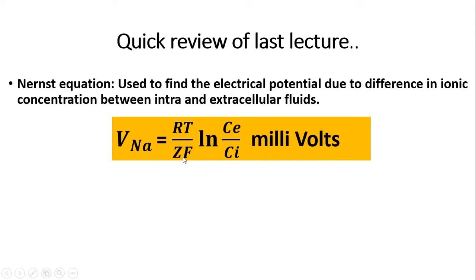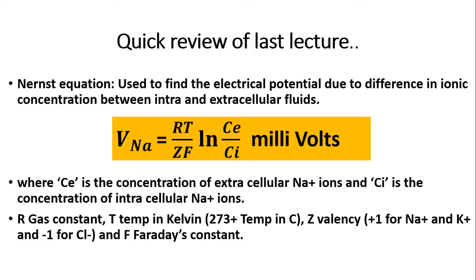And RT over ZF: R stands for the gas constant, T is the temperature in absolute Kelvin scale, and Z is the valency, which for sodium is +1, for potassium it is +1, and -1 for Cl.